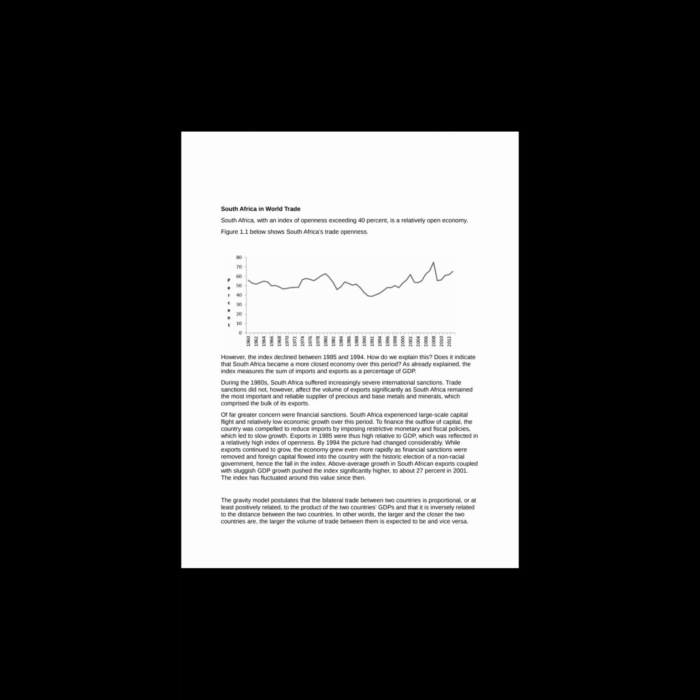Number 1 is the theory of mercantilism, the second is absolute advantage, and the third is relative advantage. At the end of the day, we should be able to give a brief explanation of what each is about and what it postulates.